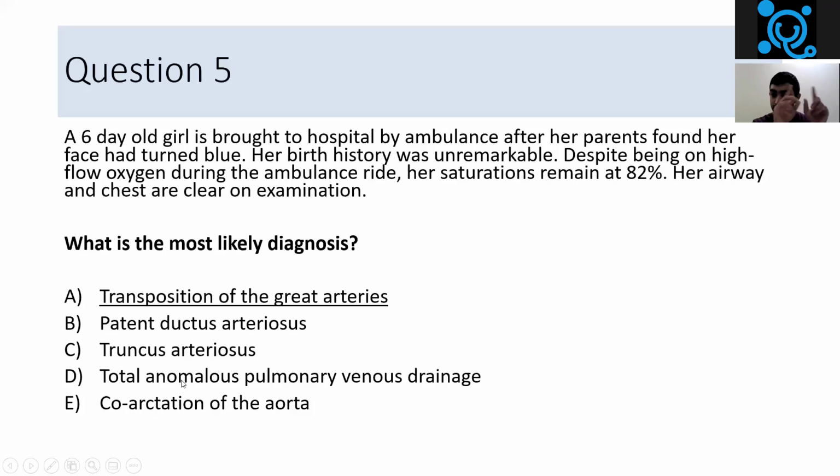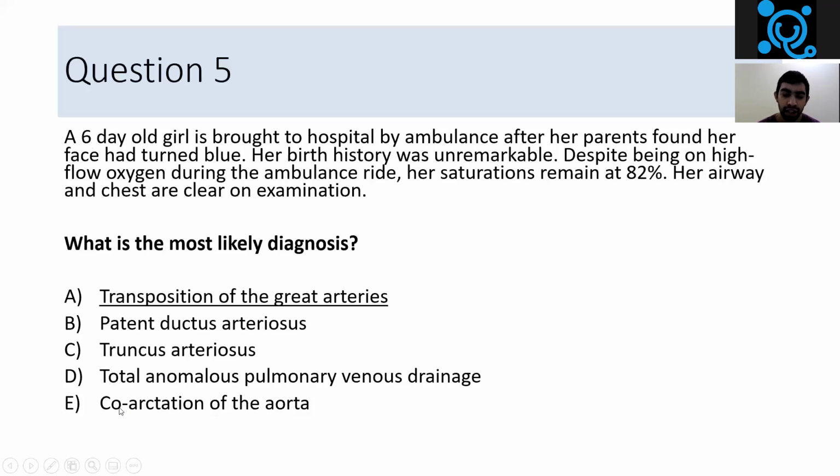Now you can have several pulmonary veins. So what total refers to is whether it all drains into the wrong place or whether some of it might drain to the correct site. Okay, but this could be a cyanotic defect. But once again, you'd expect to see it from birth.